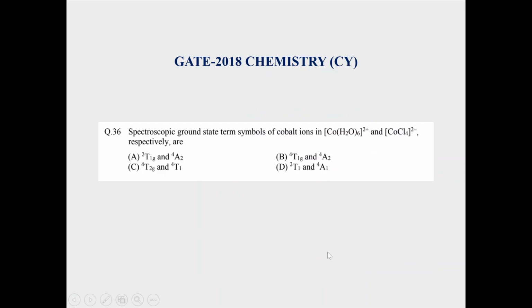So the next question is question number 36. In this question, they have asked what are the spectroscopic ground state term symbols of cobalt ions in [Co(H2O)6]2+ and [CoCl4]2- respectively.